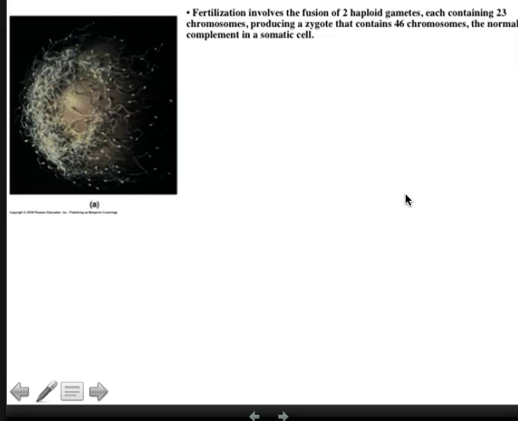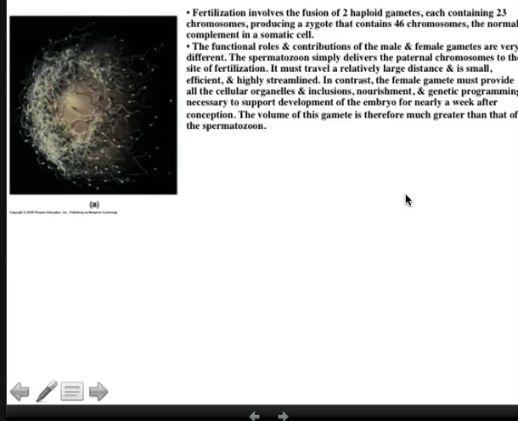This is why you're not a carbon copy of either your mother or your father, because A, you're a combination of genetic material from both, and B, when we generate the sperm and the egg in meiosis, we shuffle the genes through exchange of genetic material at synapsis in metaphase of meiosis 1, and as a result, no single gamete contains a chromosome that is untouched by recombination, shall we say.